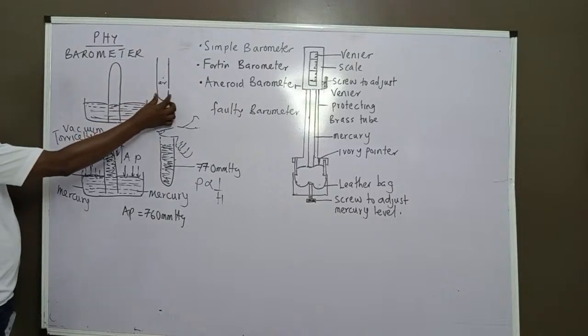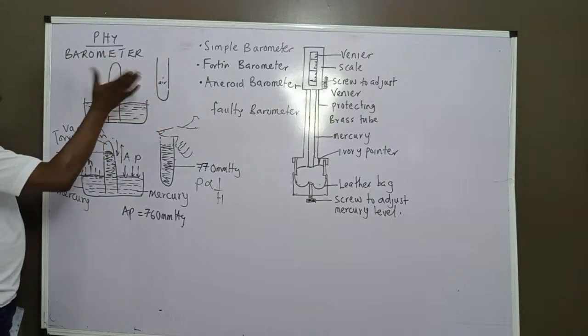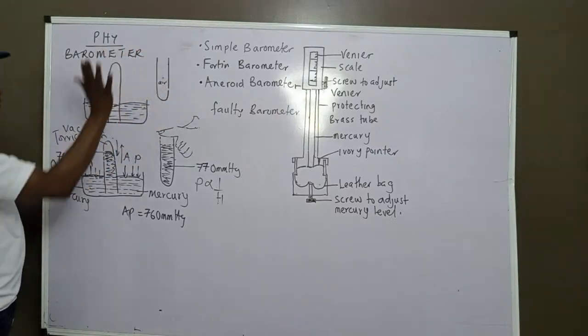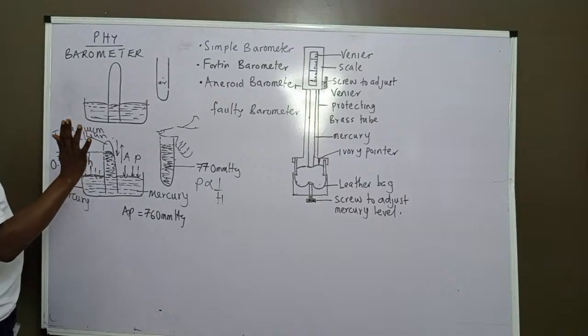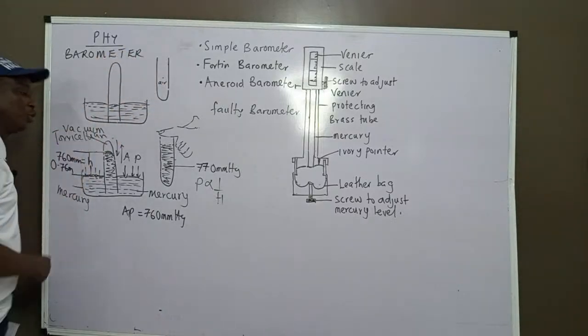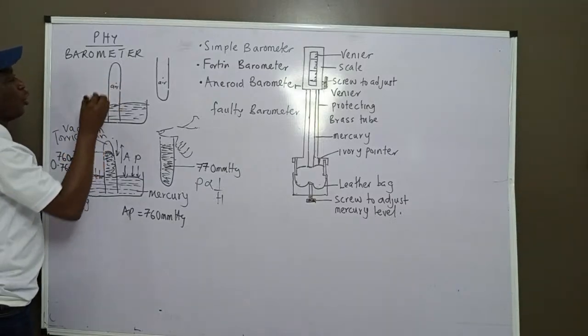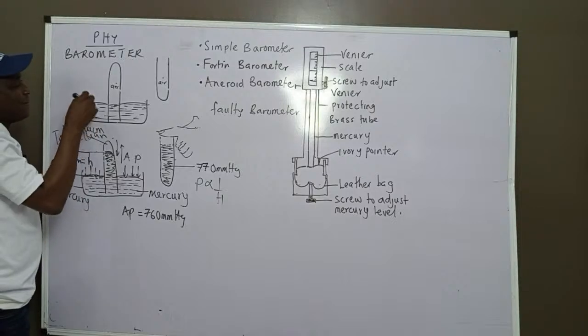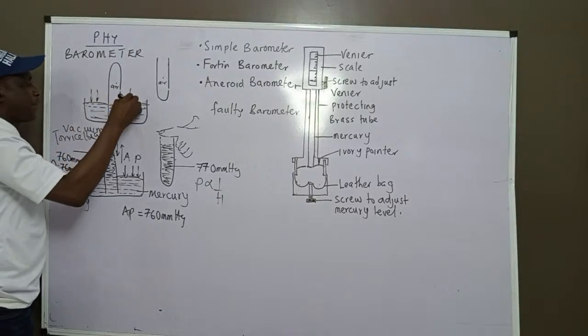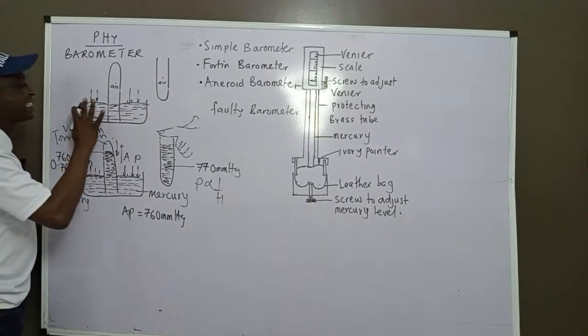Now let's look at the second case. In this case, we do not fill it with mercury. We just leave the test tube open like that to air. Then you invert it inside the mercury dish. What you're going to notice is that the air pressure, the atmospheric pressure acting on the mercury, is the same.